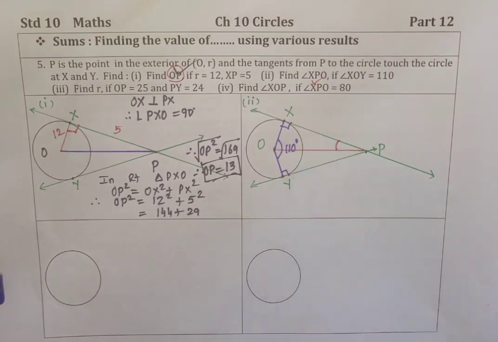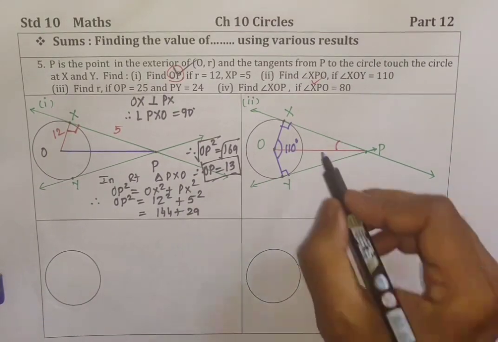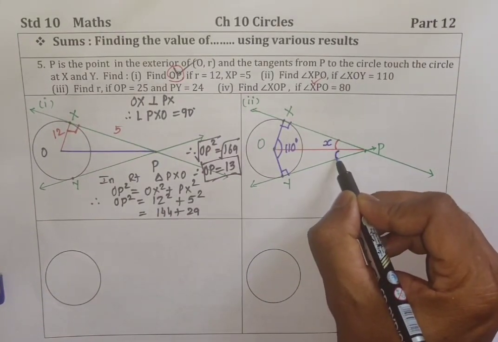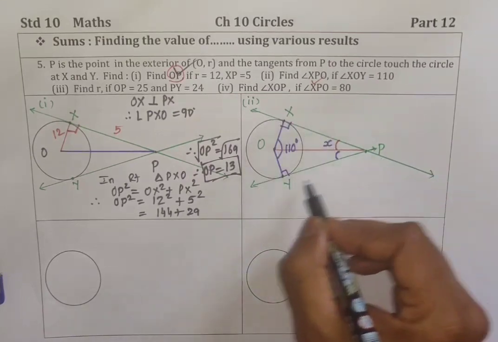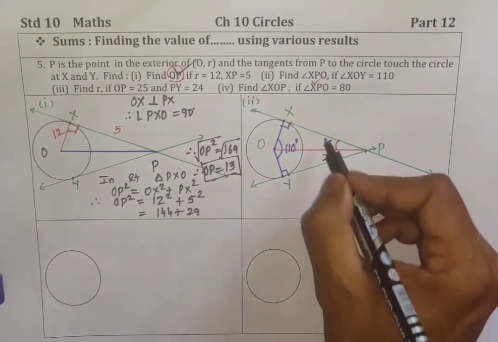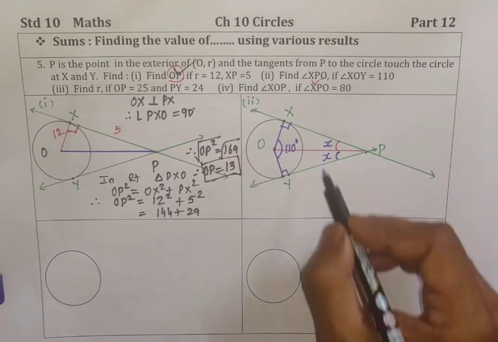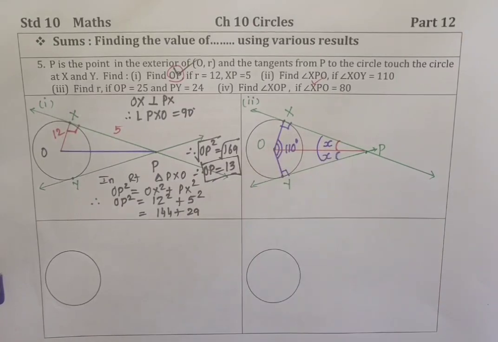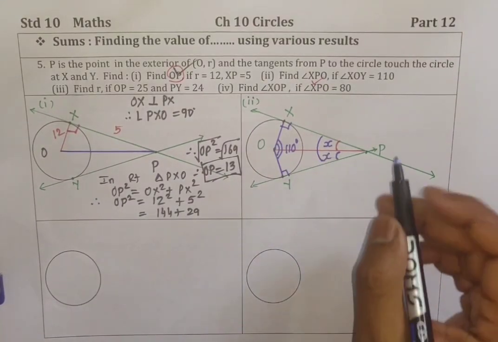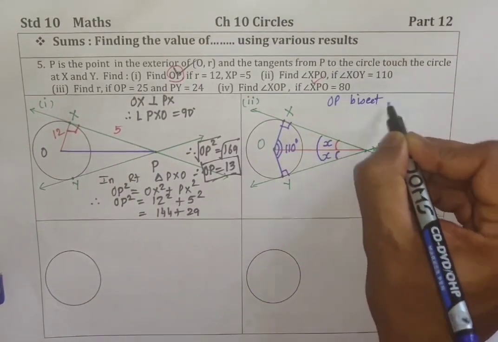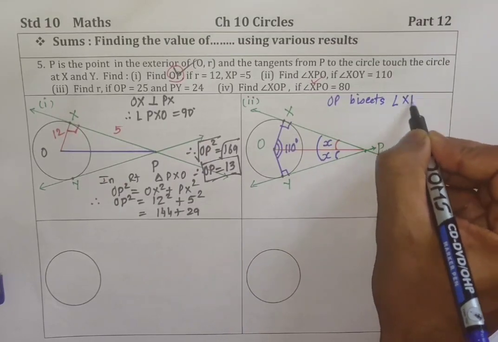Then you have to find this. Children, you do one thing, call this X. You know the result: OP is the bisector of angle XPY. So this will also be X, and the whole angle will be 2X. Now this angle and this angle are supplementary. Remember all the results, children. Let me first write X. OP bisects angle XPY.